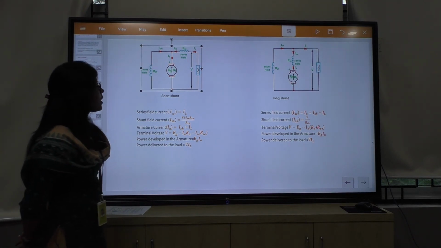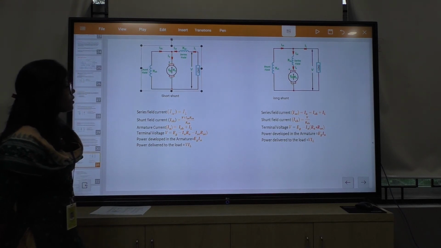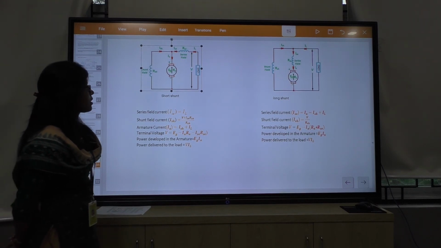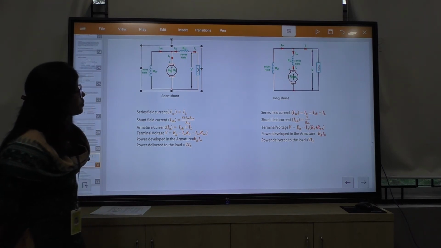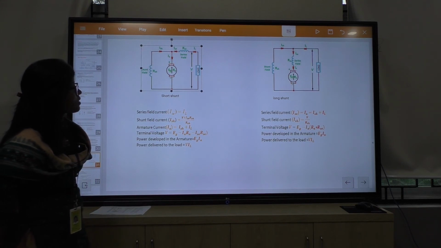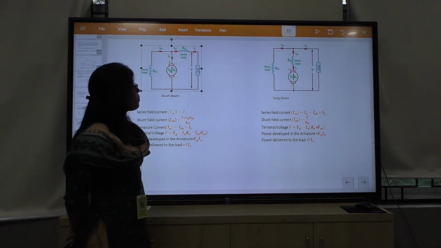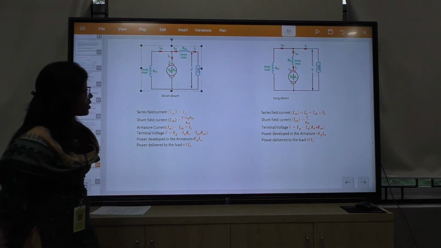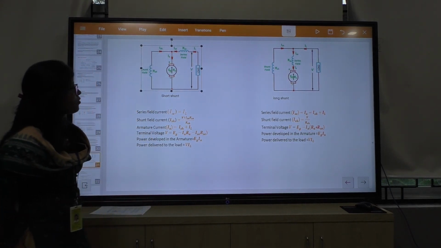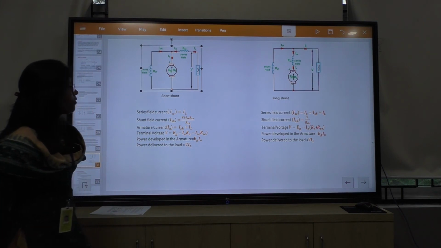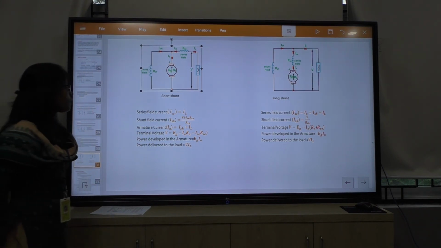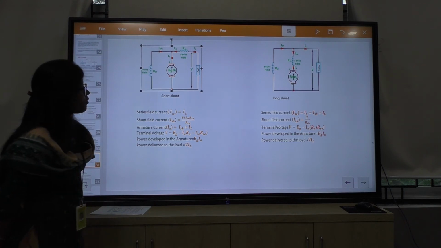Similarly, the shunt field current Ish is equal to the voltage across the shunt field winding, that is the terminal voltage, divided by the shunt field resistance. The terminal voltage V equal to Eg minus Ia into Ra plus Rsc, that is the drop across the armature resistance and series field resistance. So, the power developed in the armature circuit is Eg into Ia, and the power delivered to the load is equal to V into IL.